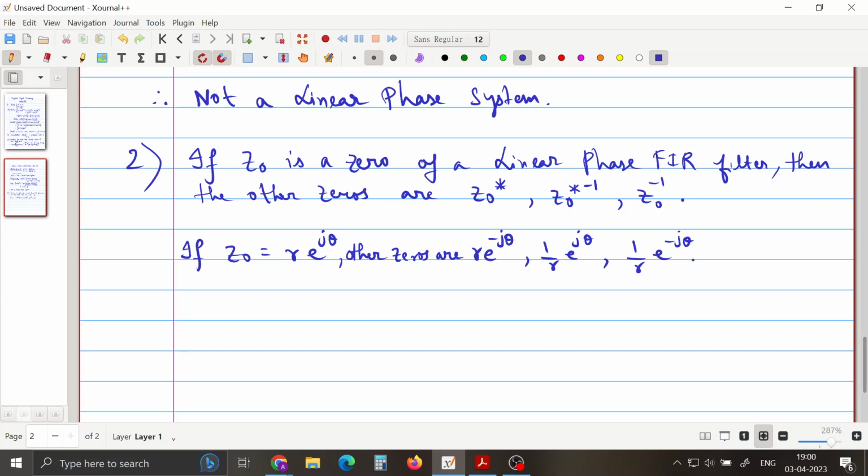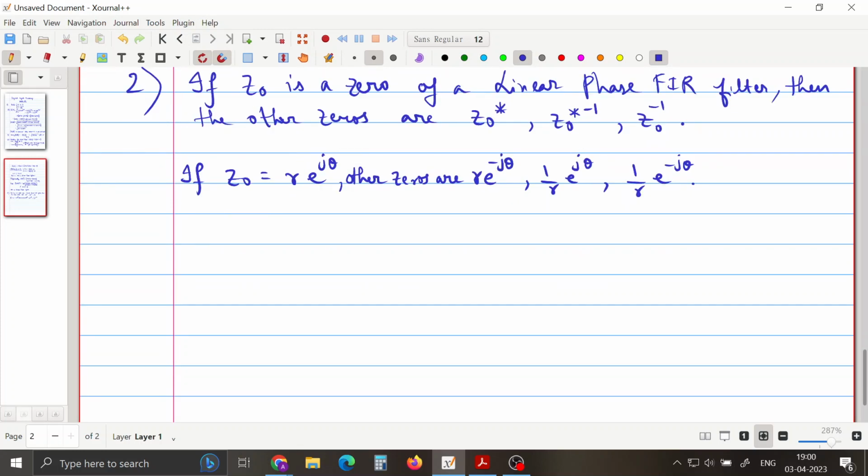Correct? So altogether you have 4 zeros. If one of the zeros is given, you can deduce the remaining 3 zeros.